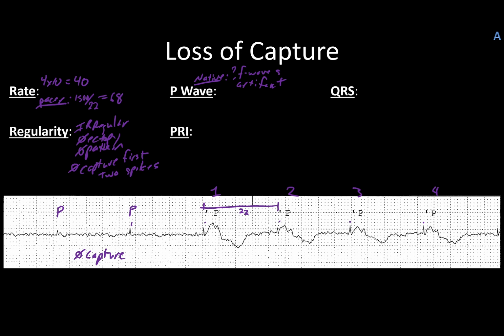We just don't have any true native P waves. From a paced standpoint, we got nothing. So without that, I cannot measure a PRI. So we move to QRS, native, and we have none. There's no native QRSs, because obviously there's this huge stretch here where it could have tried and it did not. So none.